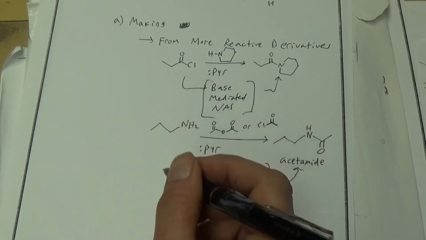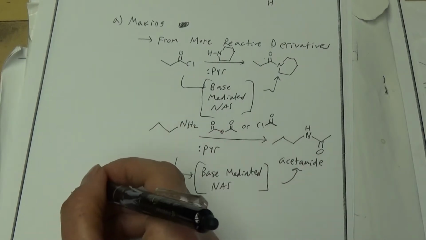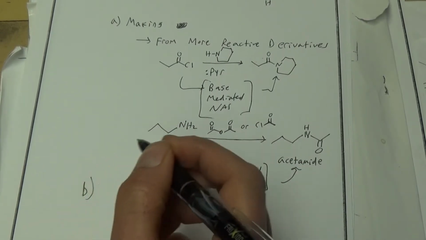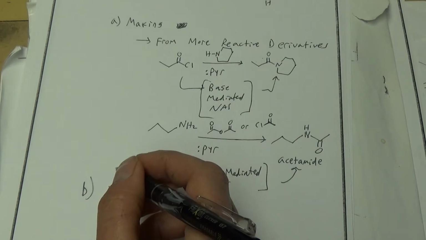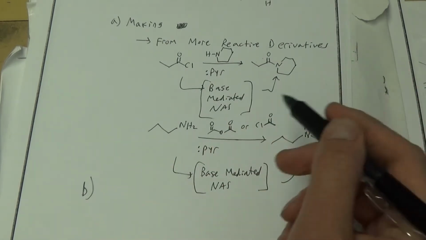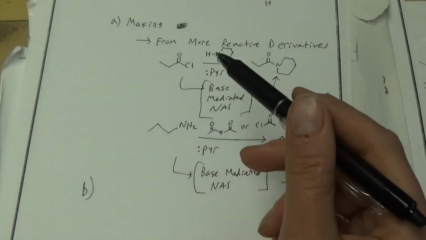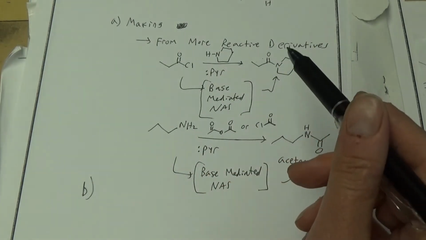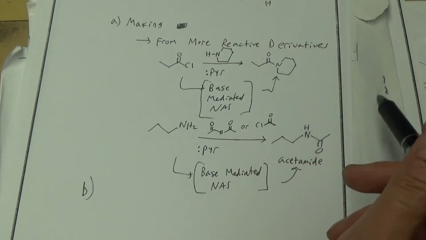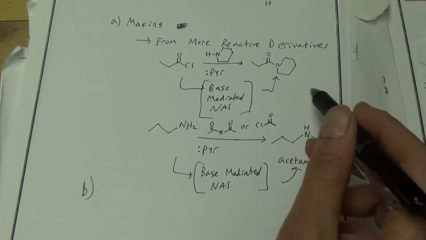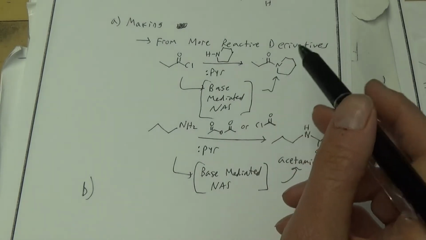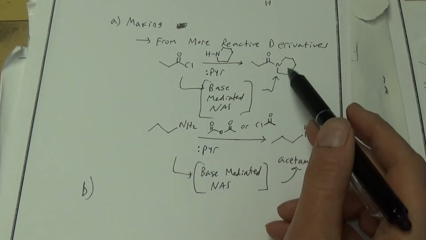Let's do some reactions of amides. And remember, we were talking about the order of reactivity, and we said acid chlorides, anhydrides, esters, amides, and carboxylic acids. So what's to the right of an amide in terms of reactivity?